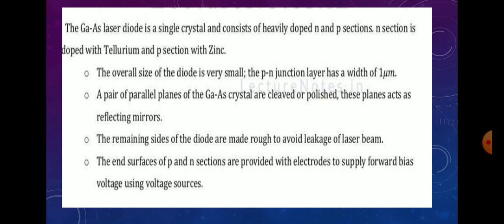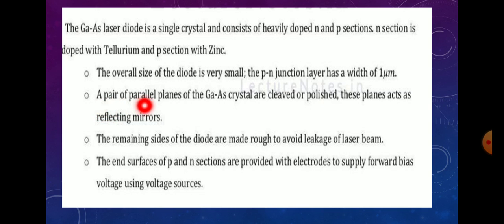The gallium arsenide laser diode is a single crystal consisting of highly doped n and p sections. The n section is doped with tellurium and the p section with zinc. The overall size of the diode is very small. The PN junction layer has a width of 1 micrometer.